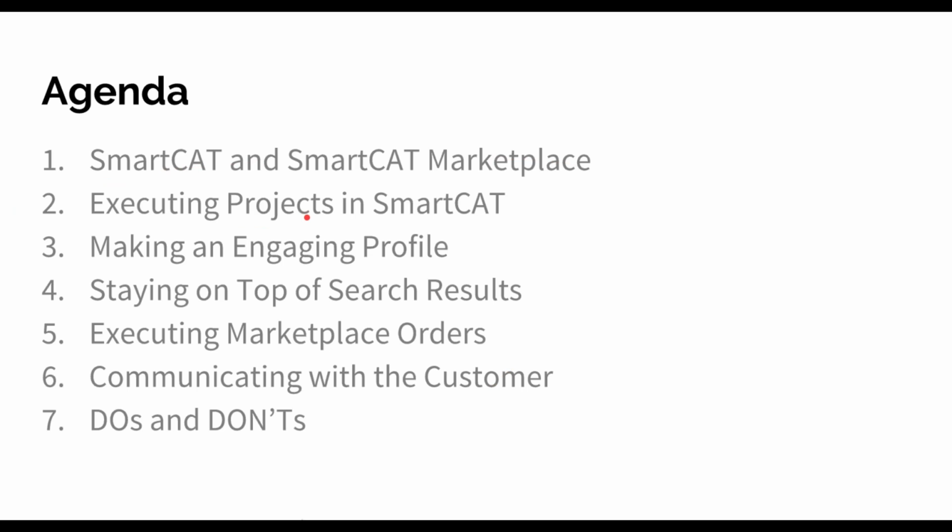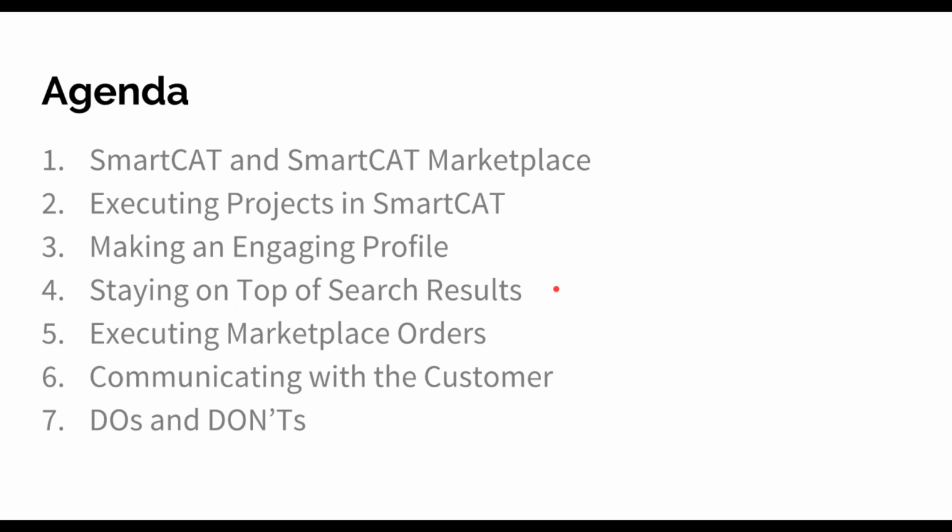Then we will discuss how you can make an engaging profile that your customers will love and that will make them hire you. Then we will also discuss the topic of staying on top of search results and the algorithms that are used in SmartCAT to rank people who are listed as freelancers.